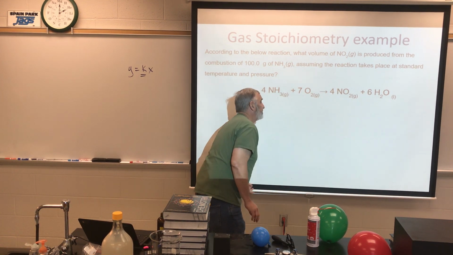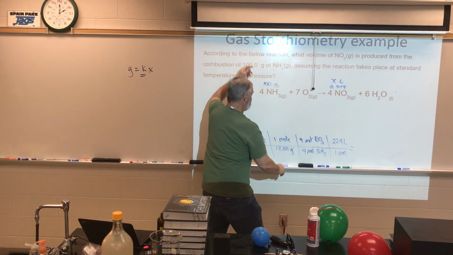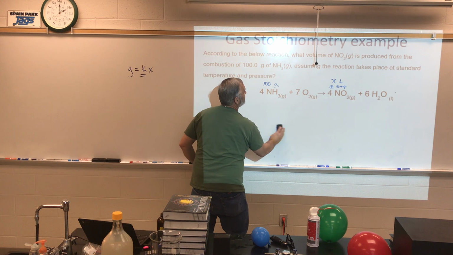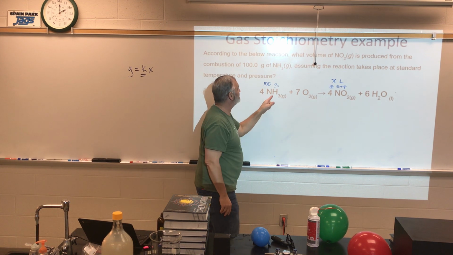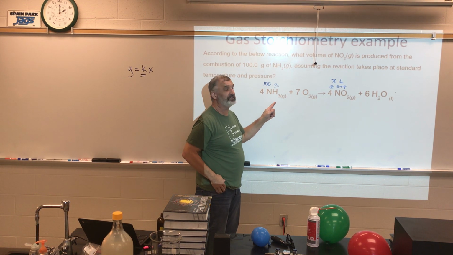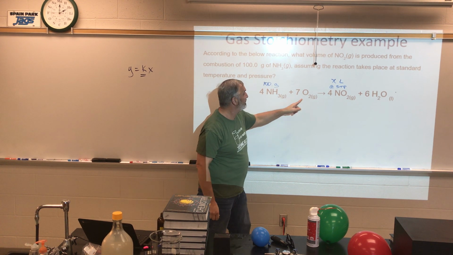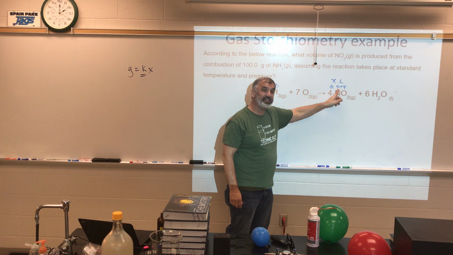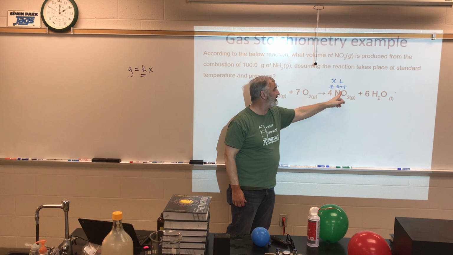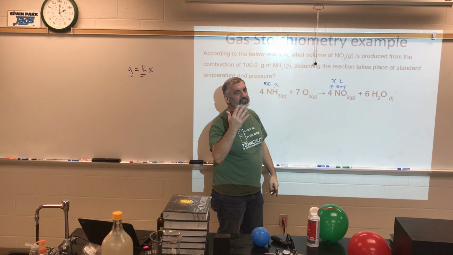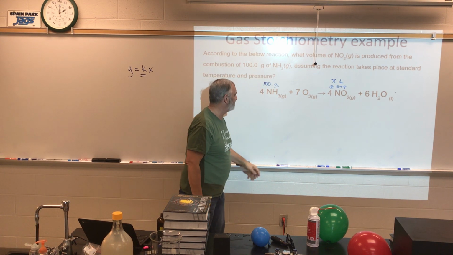What I like to do is go ahead and put 100 grams of this right over here, this is what I'm given, this is what I'm looking for. And I like to put the conditions, because I'm at STP. Now at STP, ding, ding, ding, I'm going to use 22.4 somewhere in here, okay?